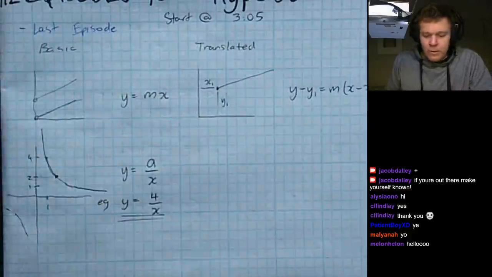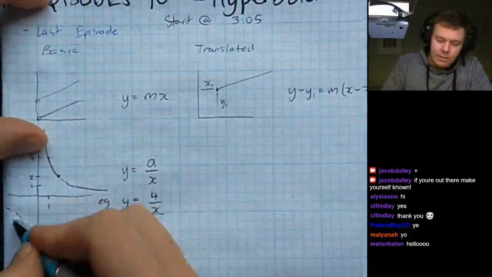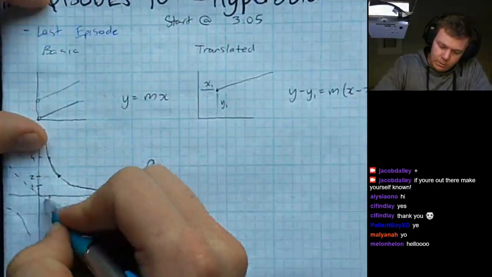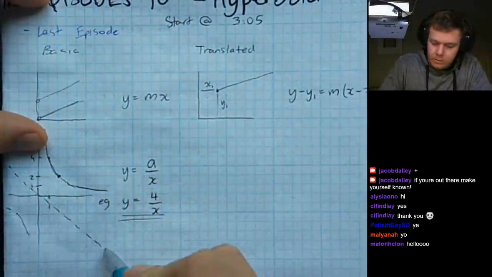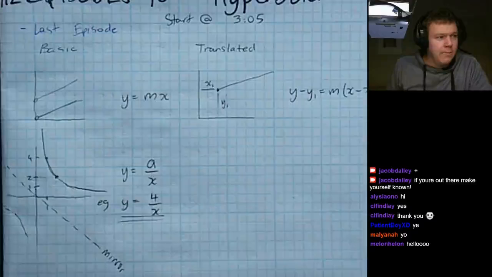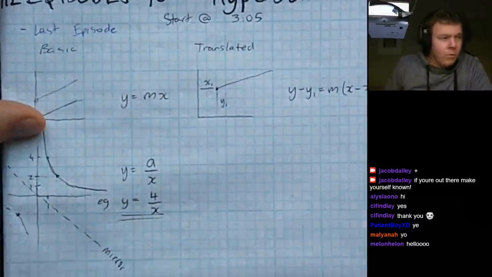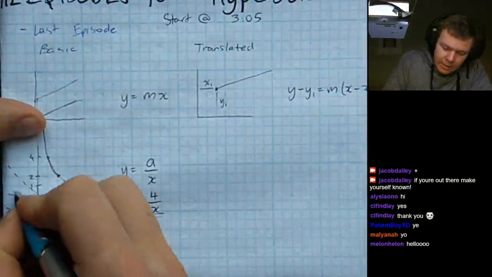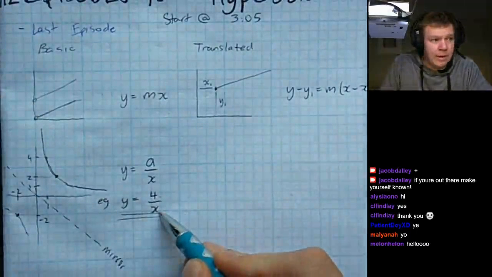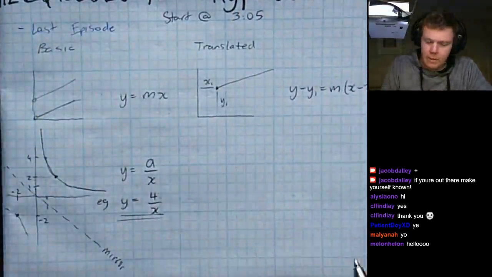Also, something to note about hyperbolas is that they are a mirror image, with a diagonal mirror line going that way. So over here you also have a solution at negative 2, negative 2, because 4 divided by negative 2 would get you a y coordinate of negative 2.